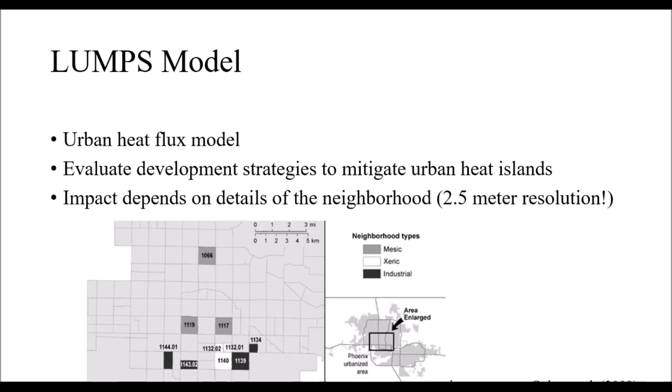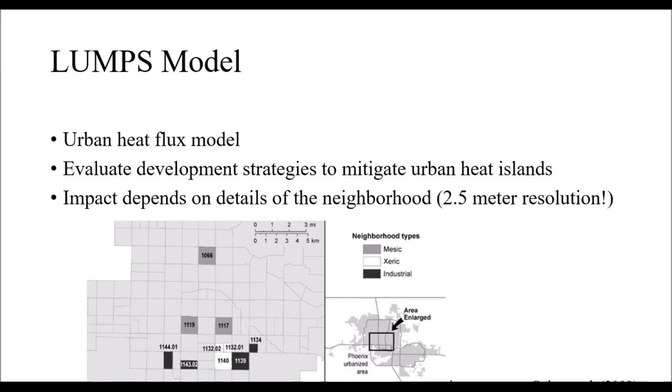It's affected by the city layout in some non-obvious ways. I think for most of us, myself included, it's largely a black box model. It's very, very detailed. Each pixel in the model is 2.5 meters wide, so it's very fine-tuned. It's very granular.